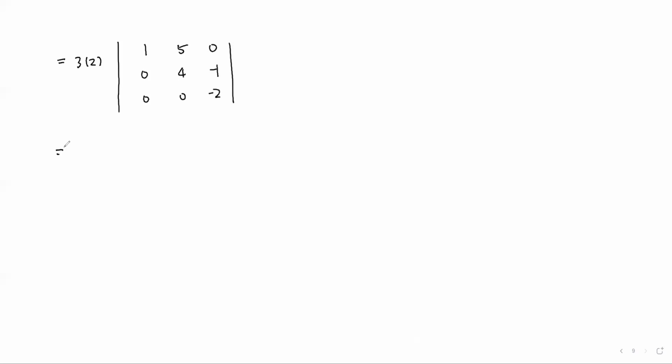This is a 3 by 3 determinant. Again, upper triangular. To compute it, I expand the determinant down the first column. So A11, 1, capital C11, A21, 0 times C21, A31, 0 times C31. So it is equal to 3 times 2 times 1 times C11.